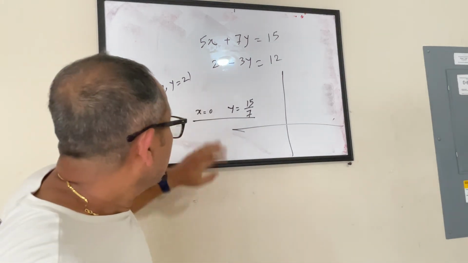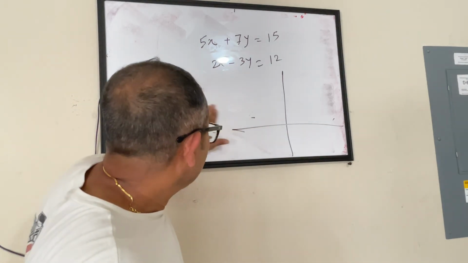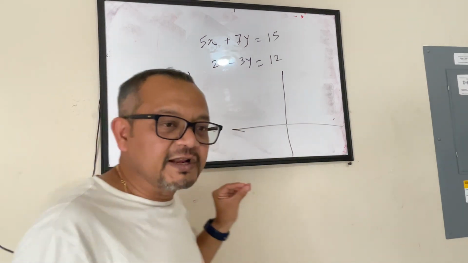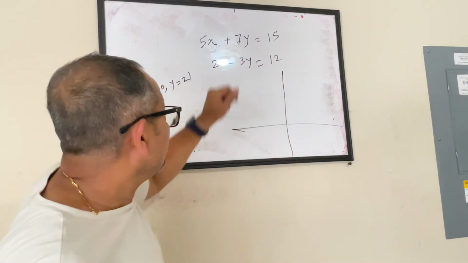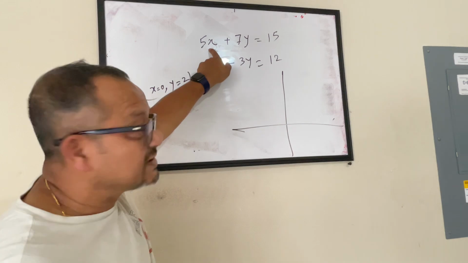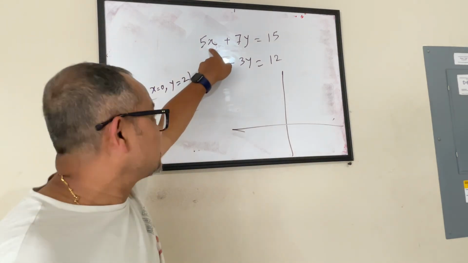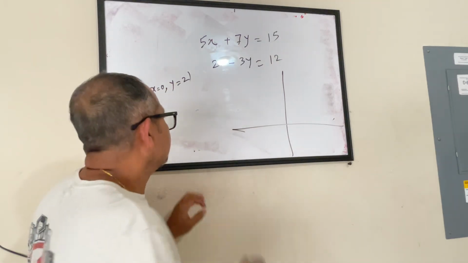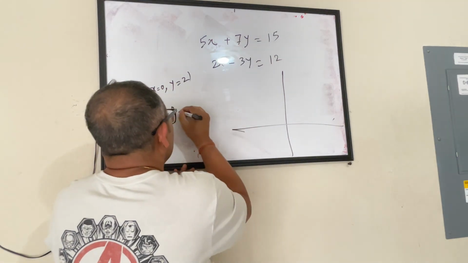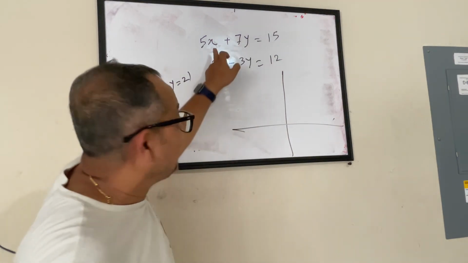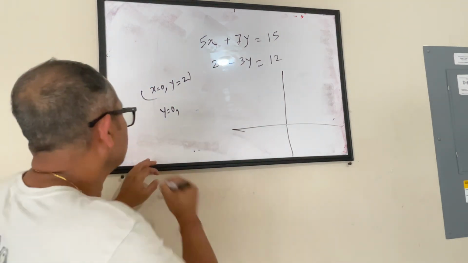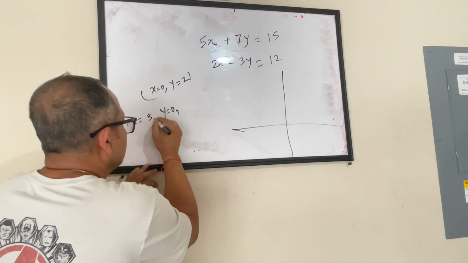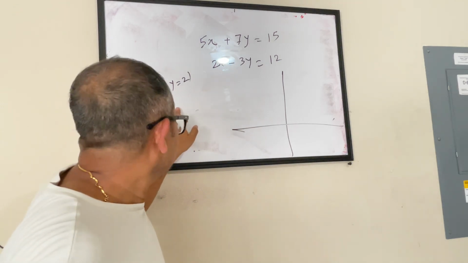Now, I'll pick the second point, because for us to draw a line, I just need 2 points. In the first scenario, I picked x equals 0. Now let's pick y equals 0. When my value of y is 0, what is the value of x? 3. Agree? Don't agree?